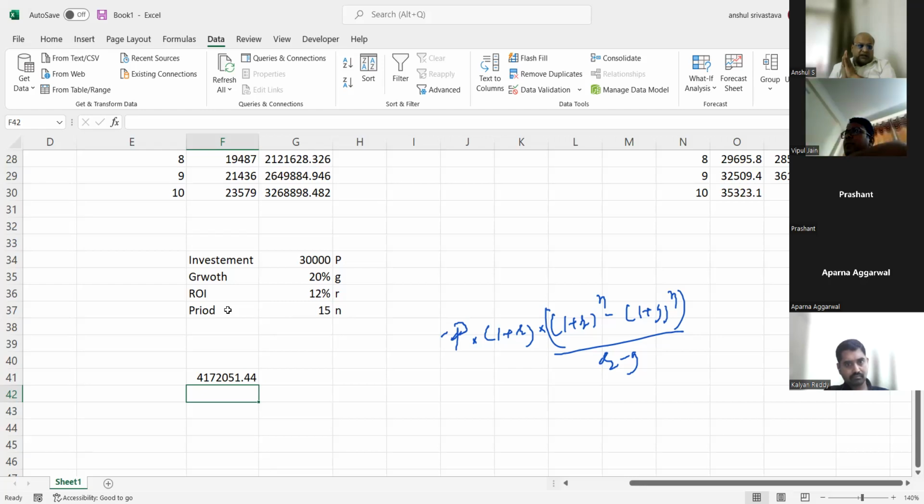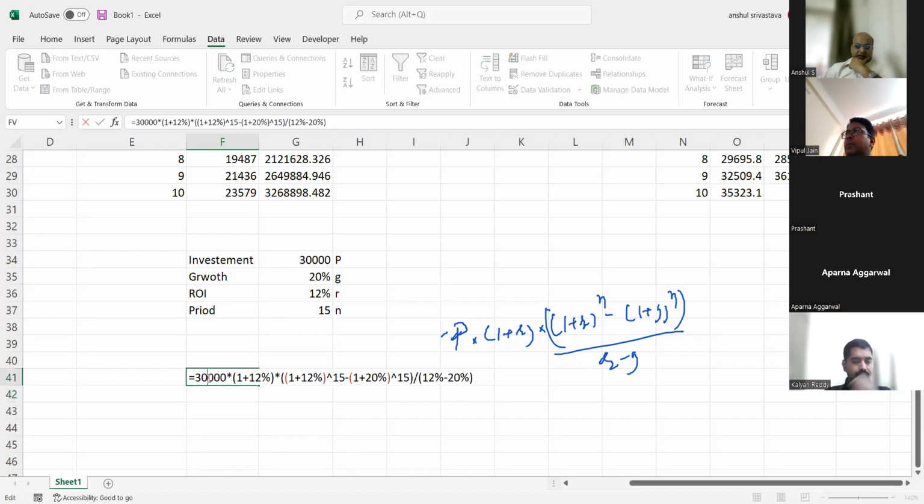It's 41 lakhs only. I doubt there is something wrong with the numbers. It's okay, 30,000 for 15 years, the principal amount would not be much.